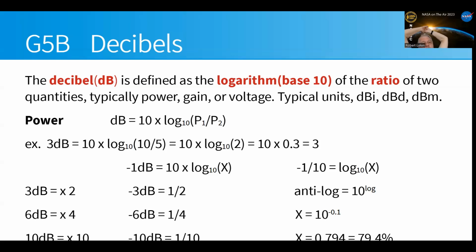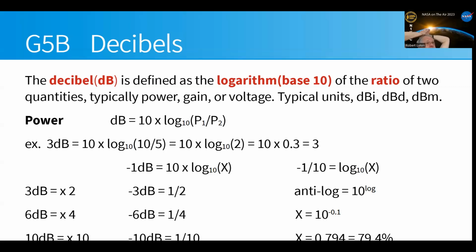So, example for 3 dB: 10 times the log of the ratio of 10 to 5, which is a ratio of 2. The log of 2 is 0.3, and 10 times the log is actually like 3.01. 10 times the log would be 3.